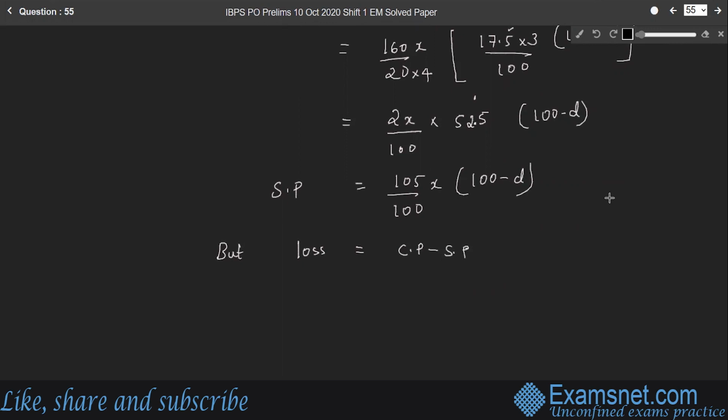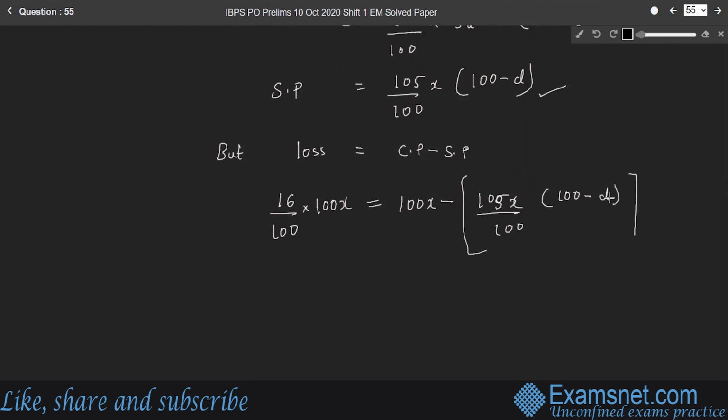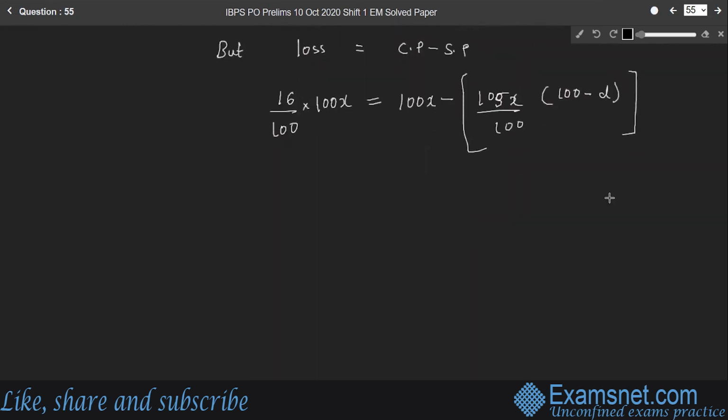The loss is 16%, so 16x equals 100x minus the selling price. Substitute the values: 105x by 100 into (100 minus D). Now we have to simplify.